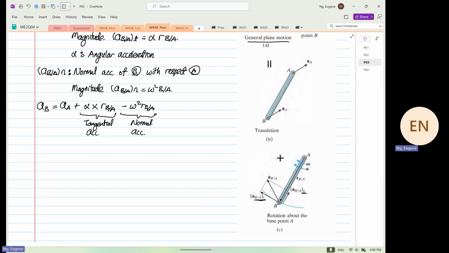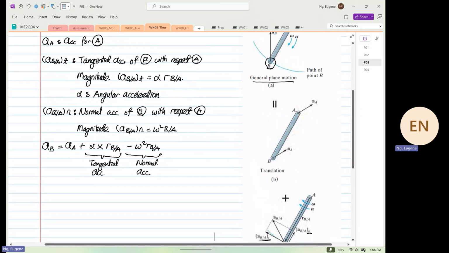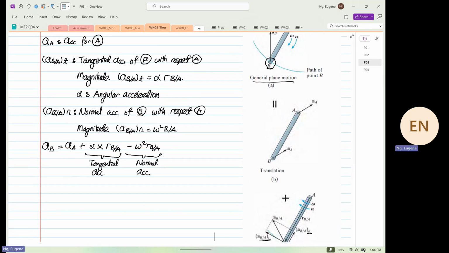Omega squared R_B over A, as written earlier, is the relative distance of B from point A. Now, the tangential acceleration, as you can see over here, you can see tangential acceleration when you are moving on a straight line. I.e., you only can feel the acceleration when you go straight.